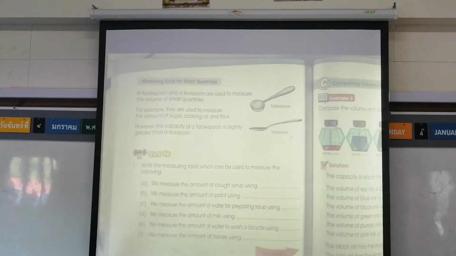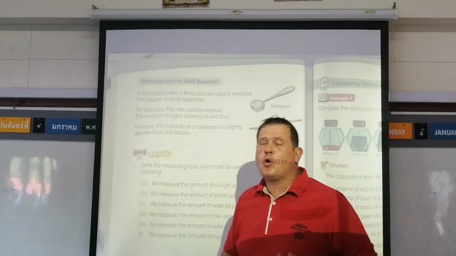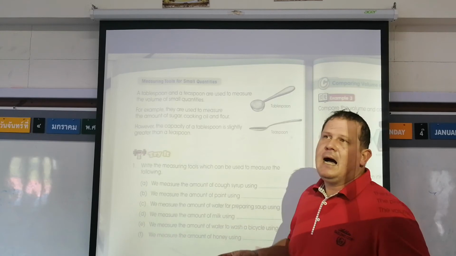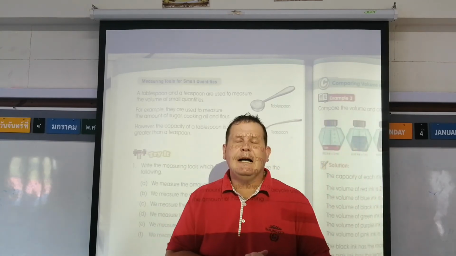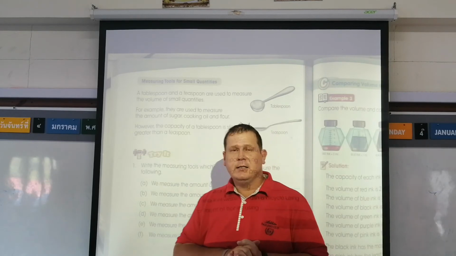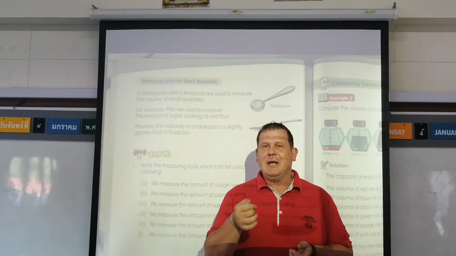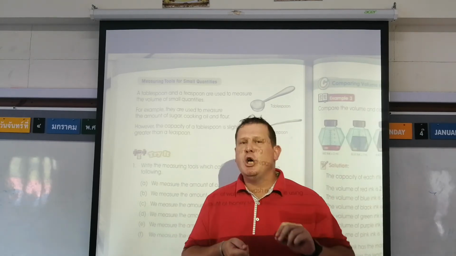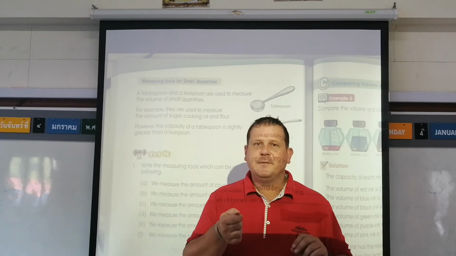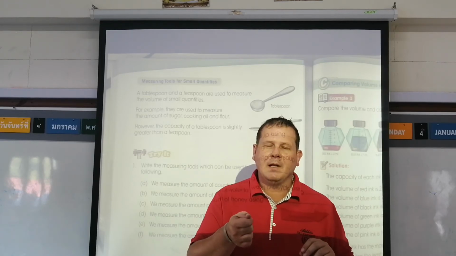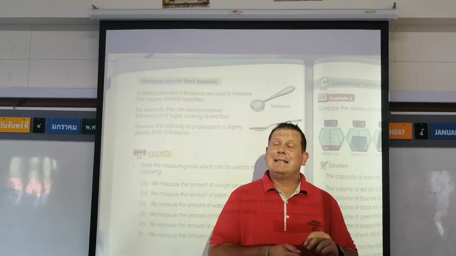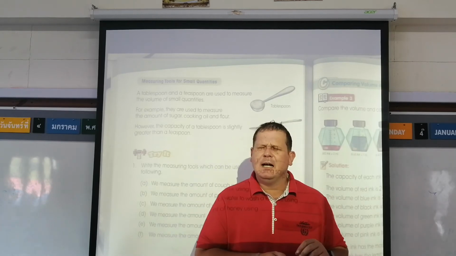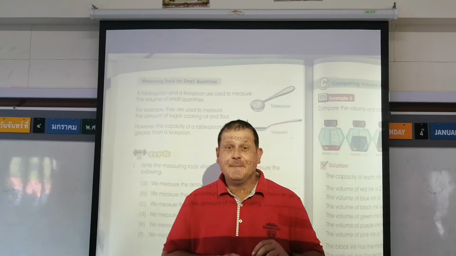Right, guys. Measuring tools for small quantities. My recipe that I use to make Thai omelette says I need to add half a teaspoon of vinegar, and I need to add a teaspoon of Thai fish sauce.